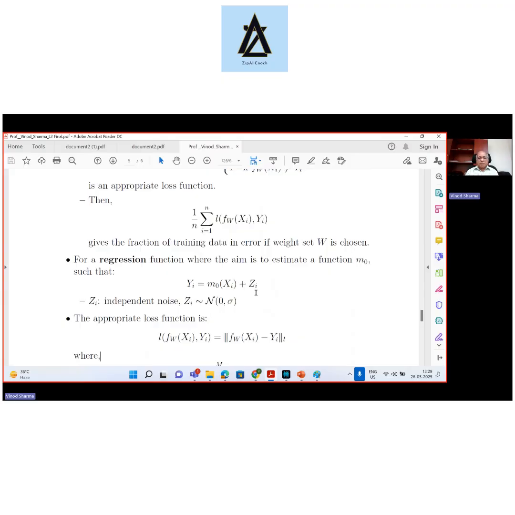The noise z_i in the observations is independent of x_i, and one common distribution for this is the normal distribution with mean 0 and variance sigma. If this is the regression problem, then we will try to get W which minimizes the loss function given by this.